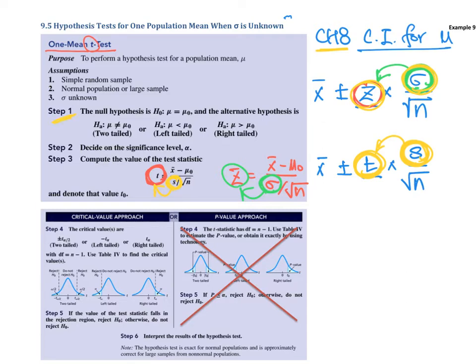In step number 1, we state the null hypothesis and we can choose one of them, depending on the claim. In the textbook, the second step, we determine the significance level, and the next one is a test statistic. Now it will be the t-score. Before we got the p-value from the z-table, but now we are going to get the critical value from the t-table.